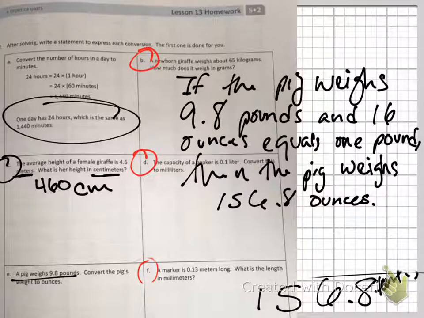A little sloppy. Sometimes it's hard to write on this pad. That's why I read it while I was writing it. So if the pig weighs 9 and 8 tenths pounds, and 16 ounces equals 1 pound, then the pig weighs 156 and 8 tenths ounces.